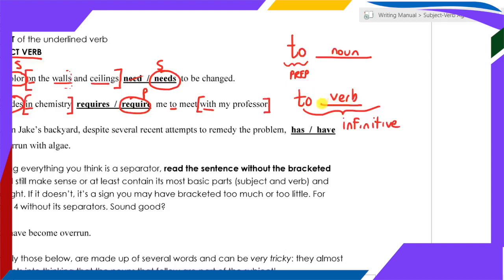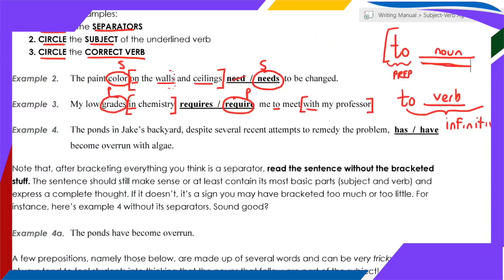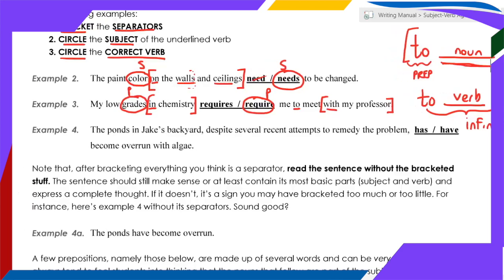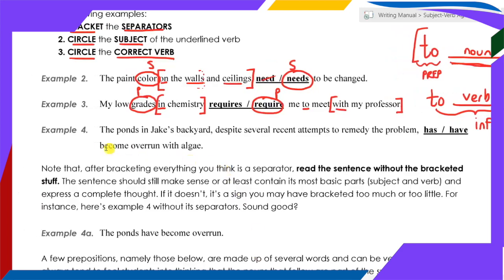We do not want to bracket infinitives. We only want to start bracketing before a "to" when we have a noun after the "to," in other words, when the "to" is a preposition. So again, do not bracket your infinitives. If you have a verb after a "to," do not bracket the "to" phrase.